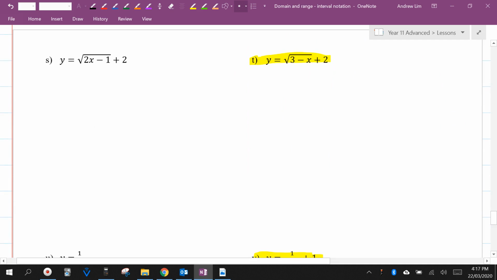Question T. Here we have y equals root of 3 minus x, plus 2, which is the upper half of an inverse parabola.